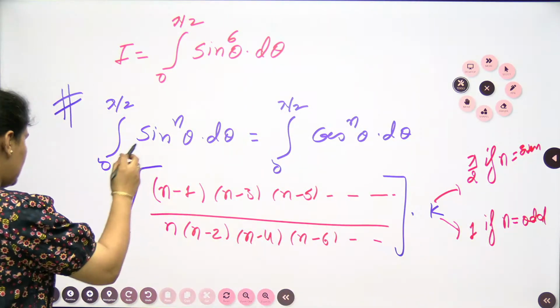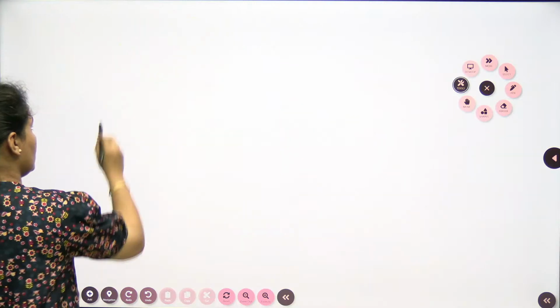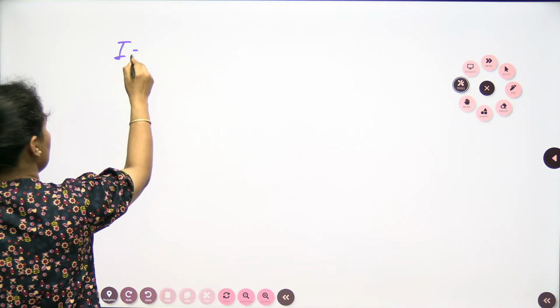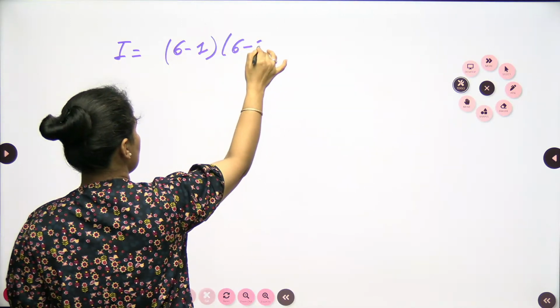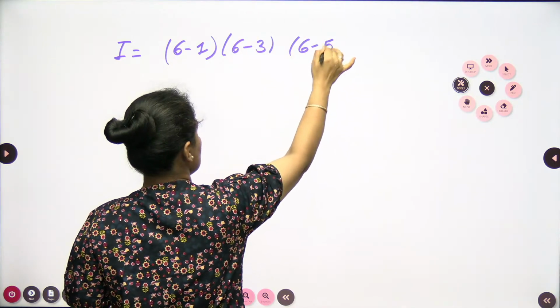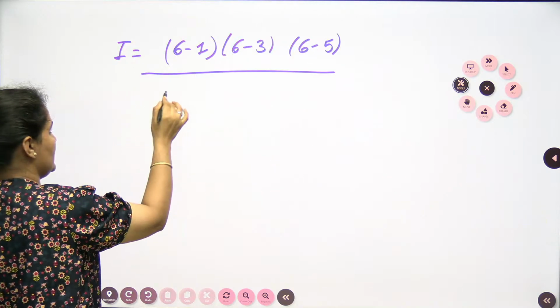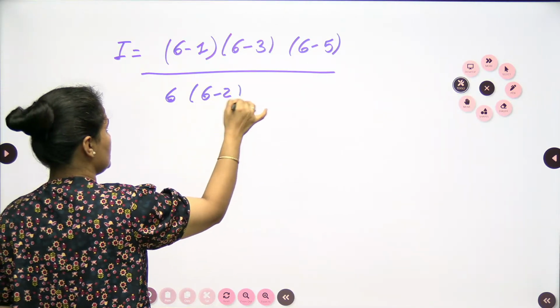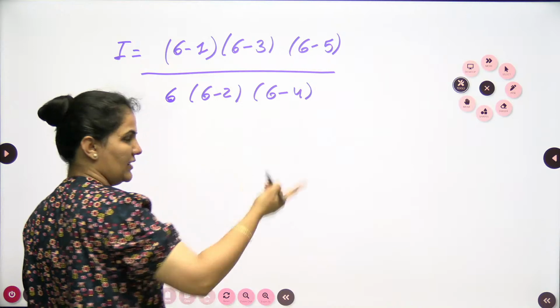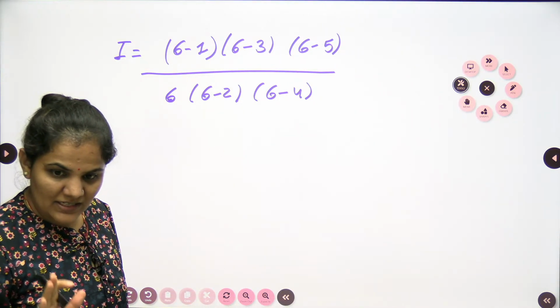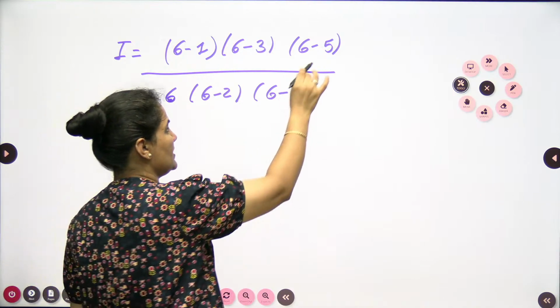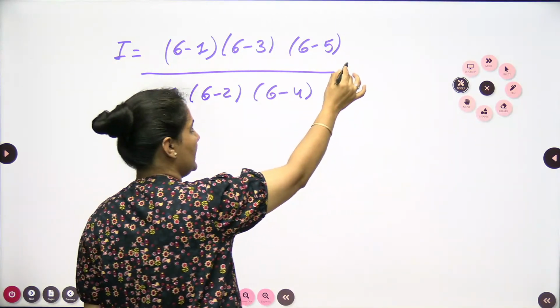Okay, now I can see my question has sine, so I will go here with the solution. I is equal to, n is 6, so 6 minus 1, 6 minus 3, 6 minus 5, divided by 6, 6 minus 2, 6 minus 4. After that 6 minus 6 is also there, but we will not write it down.